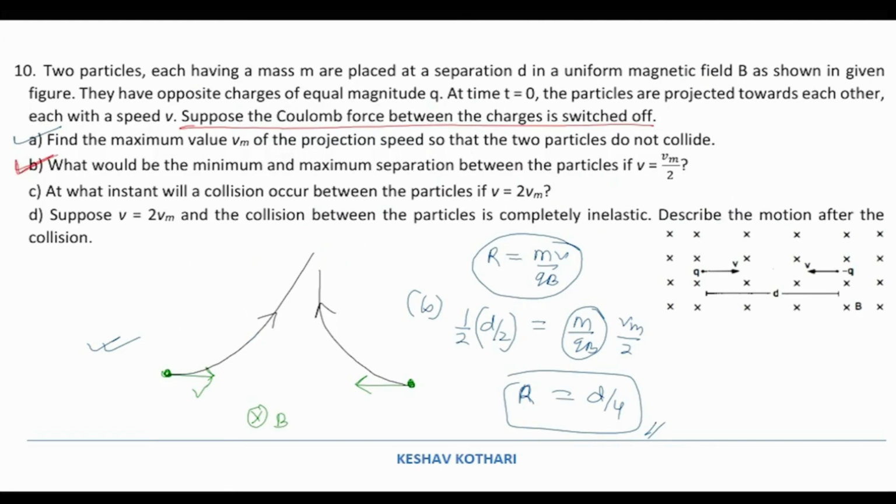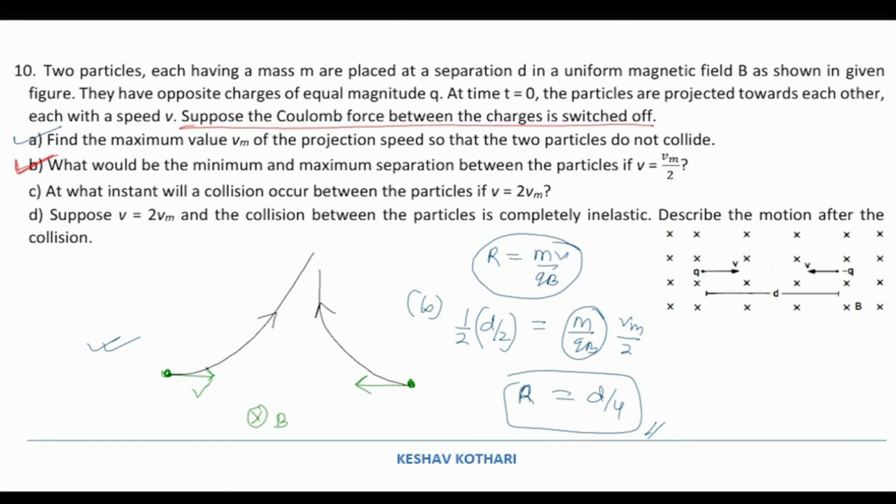Now if we come to the last part, at what instant will a collision occur when the particle speed is equal to twice Vm? So if the particle speed is equal to twice Vm, what is to be done is that we are trying to calculate the value of time when the collision will take place.